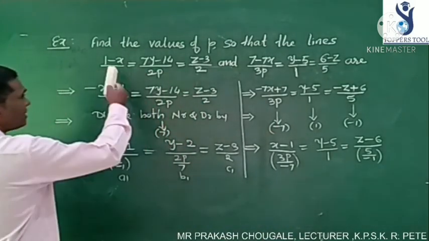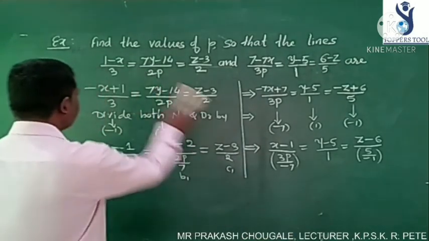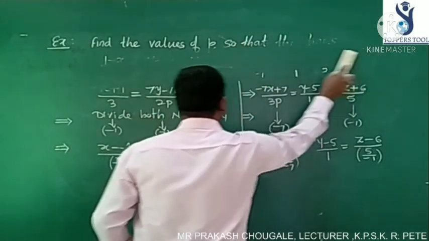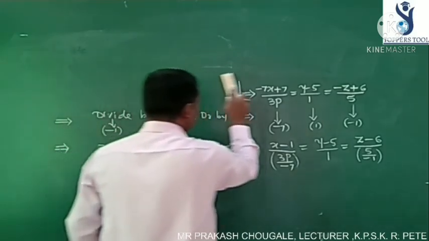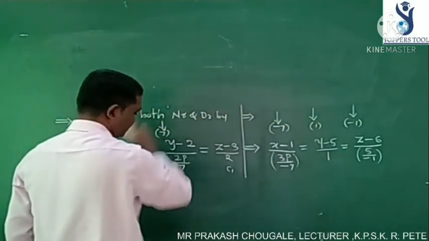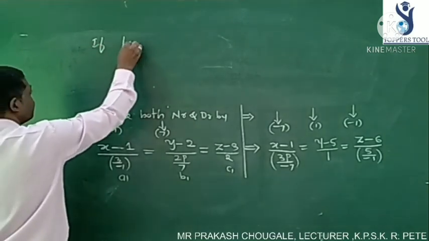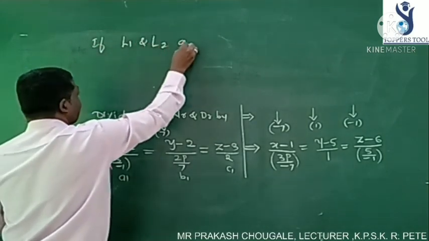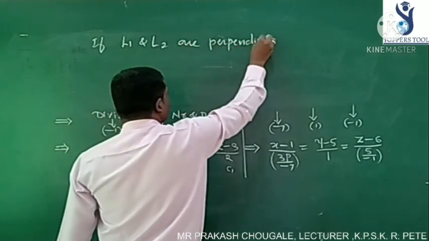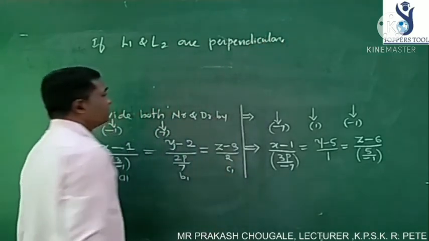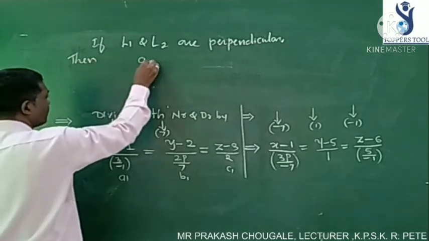Now you are asked, if the two lines are perpendicular, then what is p? So let's use the condition of perpendicularity. If L1 and L2 are perpendicular, then what is true?